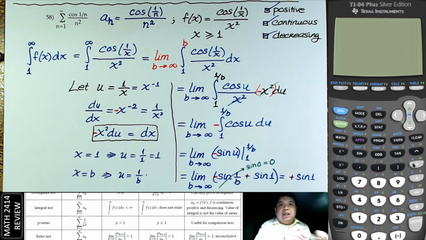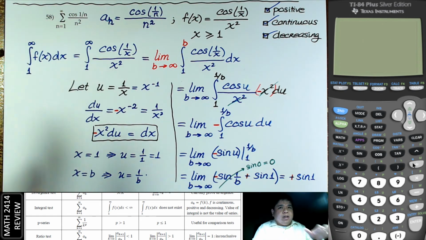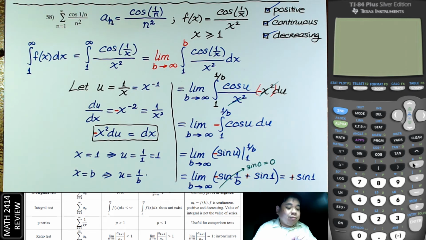So as you see, when we do this, all of the terms are positive. The integral cannot be negative. So that's where we know that I did something wrong there. So good, come back and check it. But regardless, we have a finite number here, a constant at the end. So this is convergent. The integral is convergent, so the series is convergent as well.